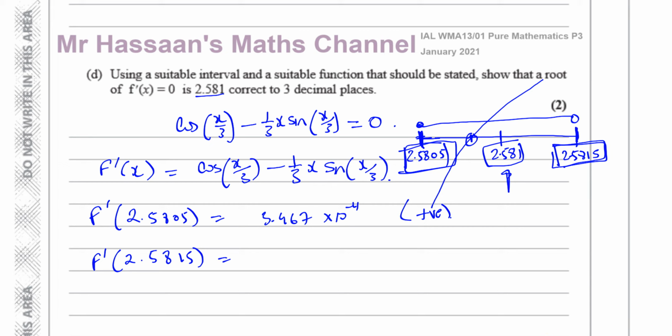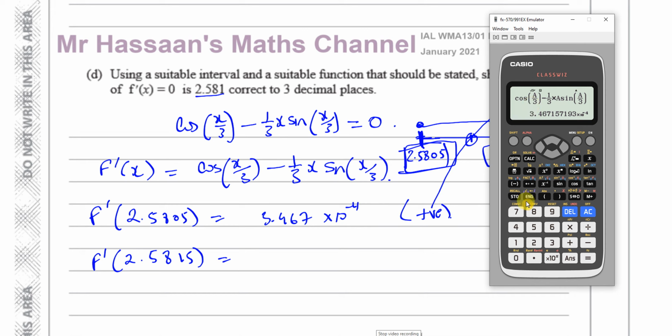And then I'm going to go back to what we have here and replace the A with B. I'll just replace it with the number I want, which is 2.5815.